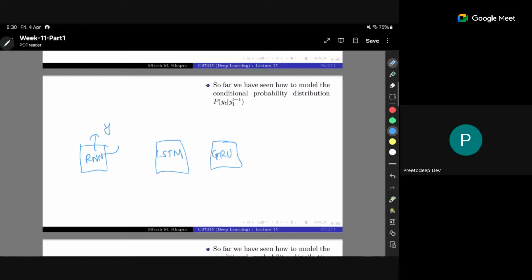For a GRU, explaining why it's not vanishing is difficult, but it also will not have the vanishing gradient problem. But now what we did is we will have one RNN model which will encode the values.